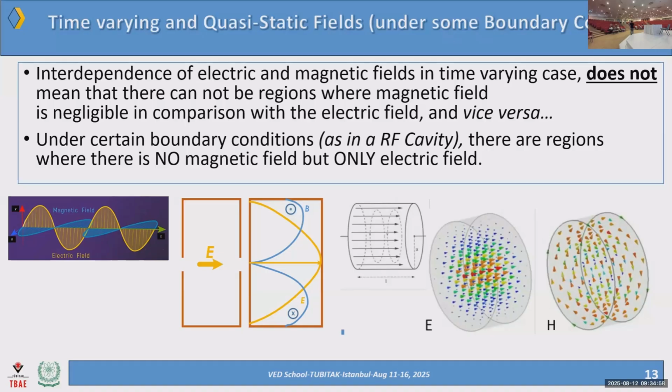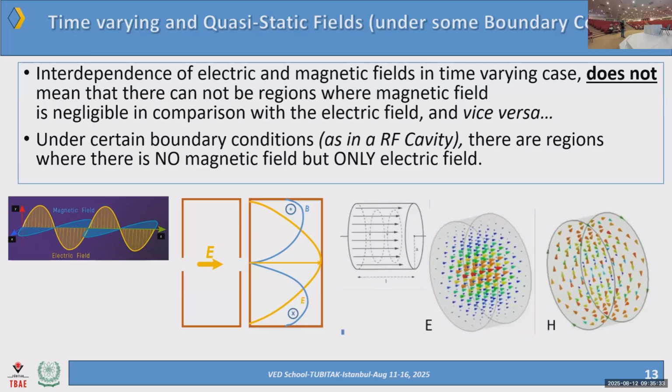I just told you that one is the other. Wherever there is a time varying electric field, a magnetic field should be there. But we have very cleverly reoriented those vectors, and at least in this region, there is absolutely no magnetic field, only electric field. This mode, Dr. Ayub told us, is particularly called the transverse magnetic 0-1-0 mode. I will not go into the details, but it is basically a playground of interest for us.